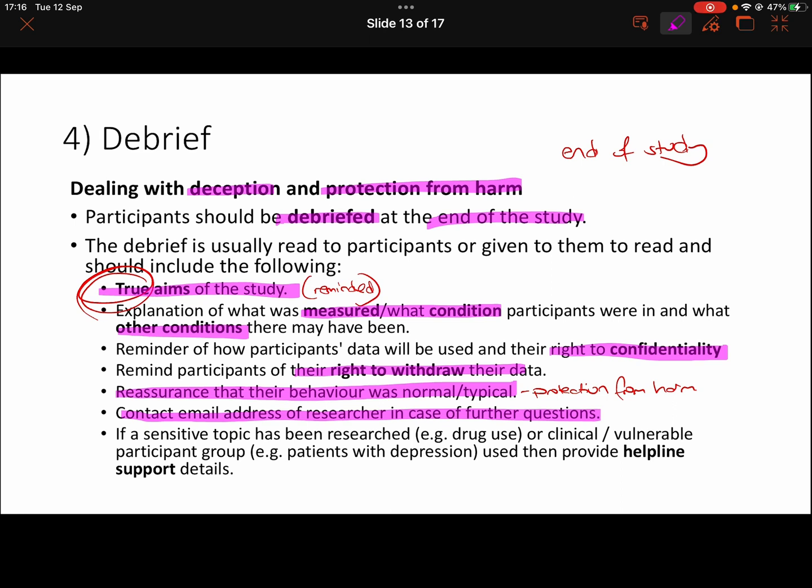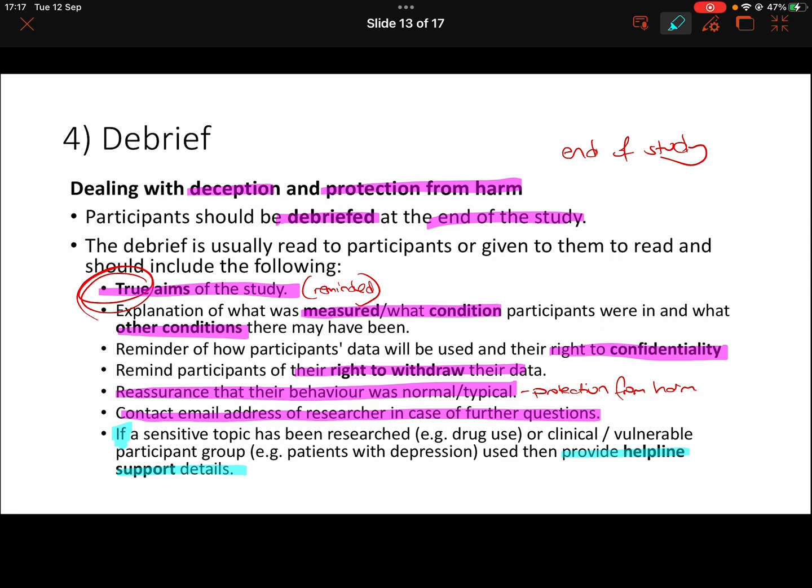Now, this one is an if. If a topic has been a little bit controversial, if it's been a very, very sensitive topic, then they might be provided with some sort of helpline support details.